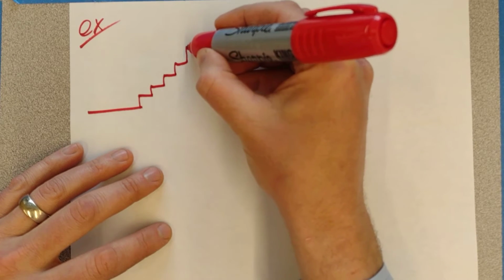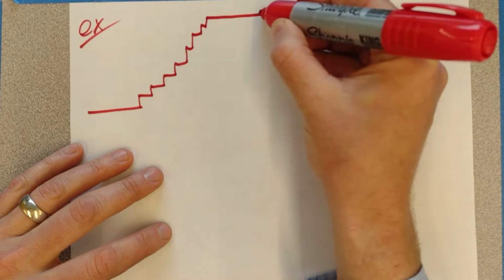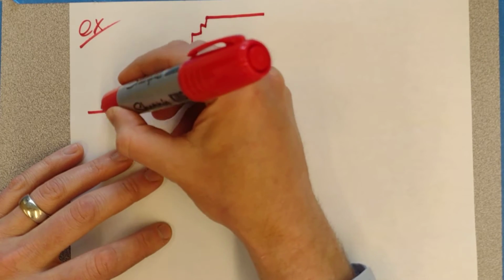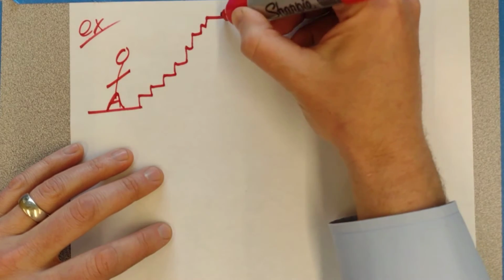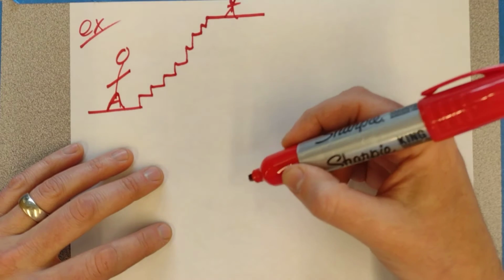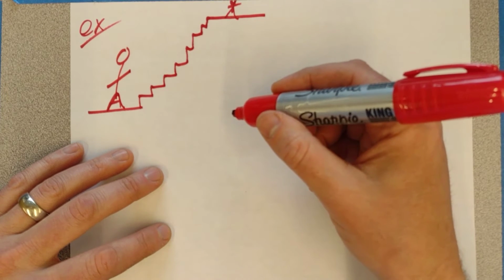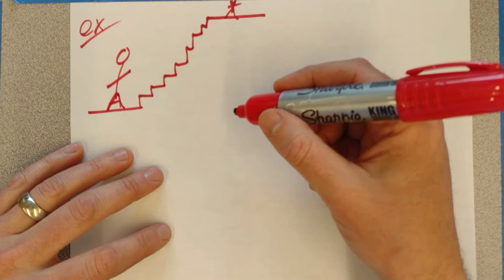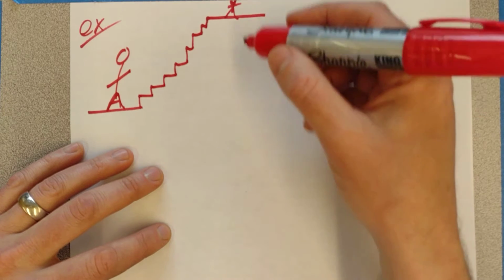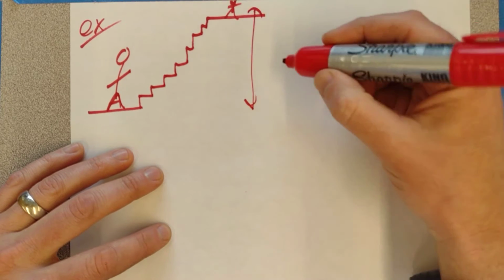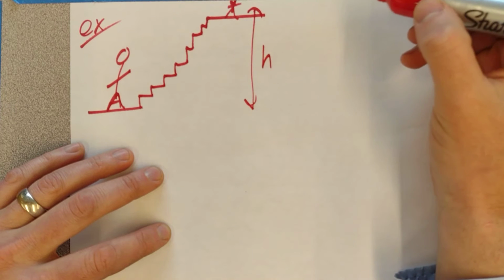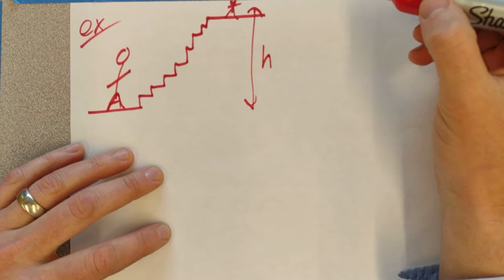Somebody starts on the ground floor of someplace, and they run to the top floor. All right, so it went off the board a little bit here. So it changes some height h.